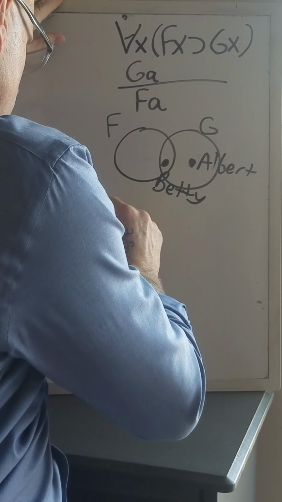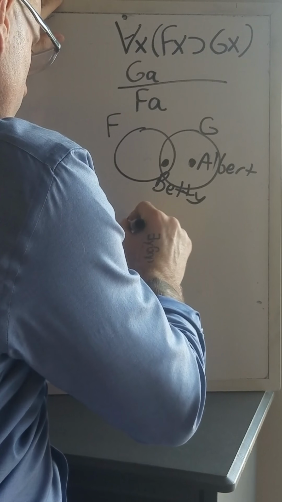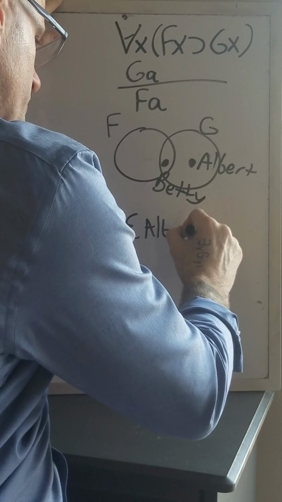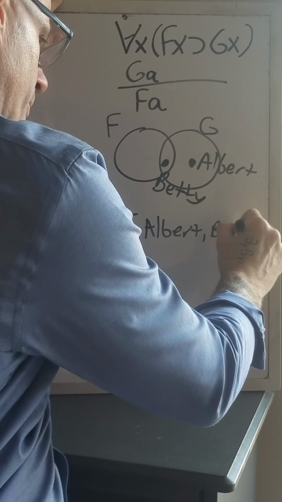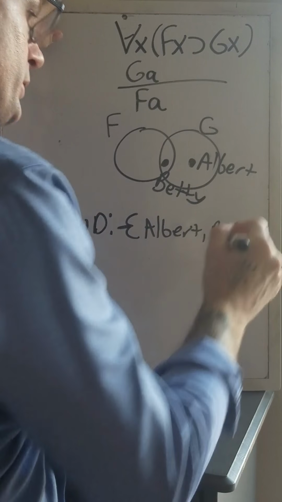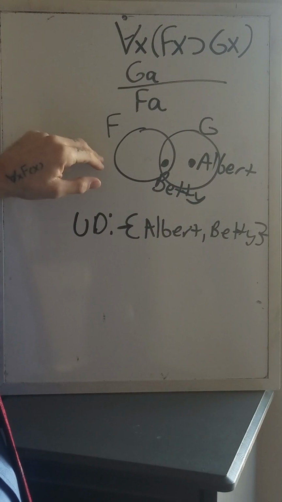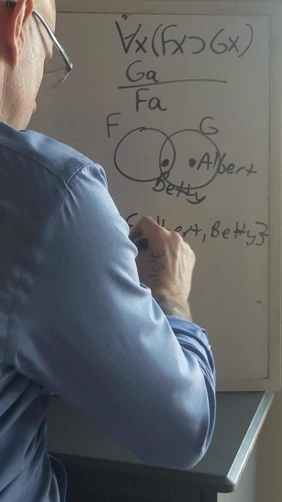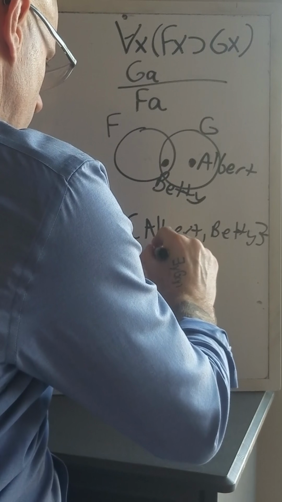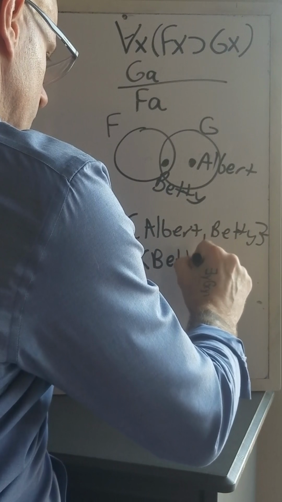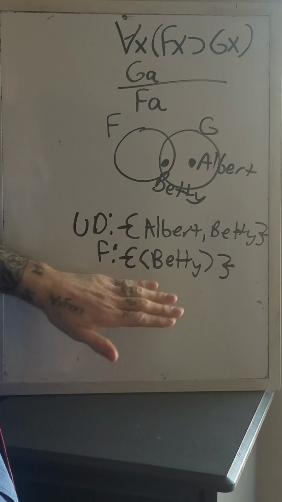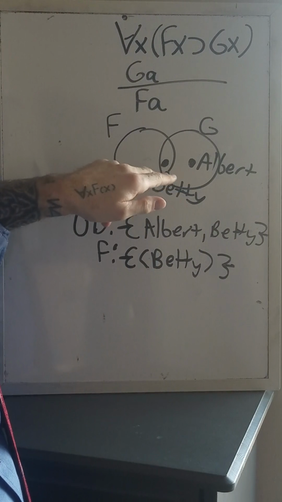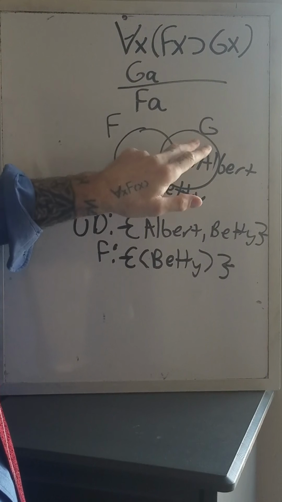So what's in our universal discourse? Albert and Betty. All right. What's in the extension of F? Betty. Or more formally, the ordered tuple with Betty in it. What's in G?